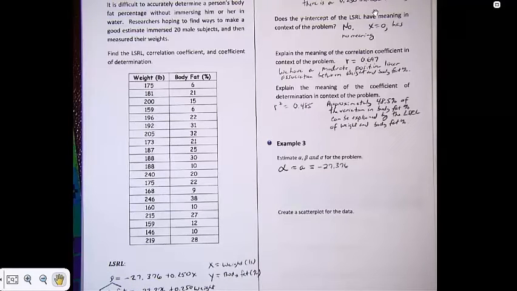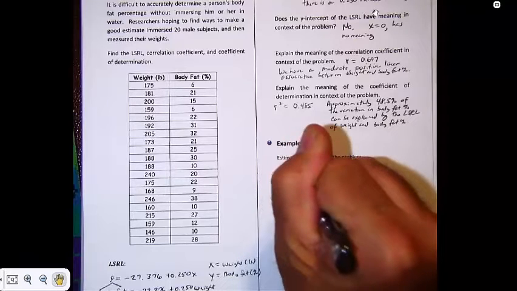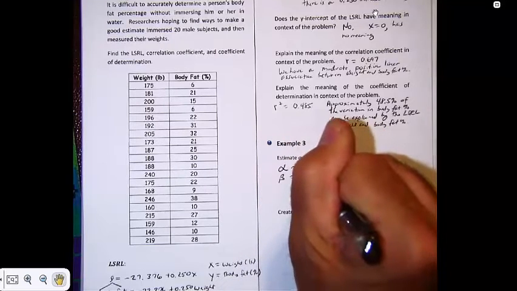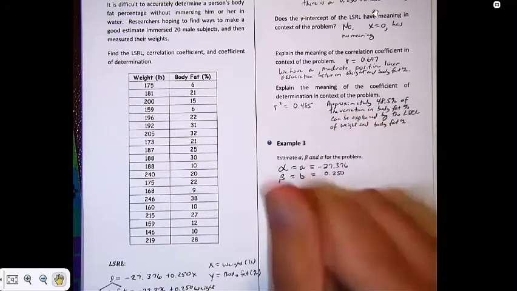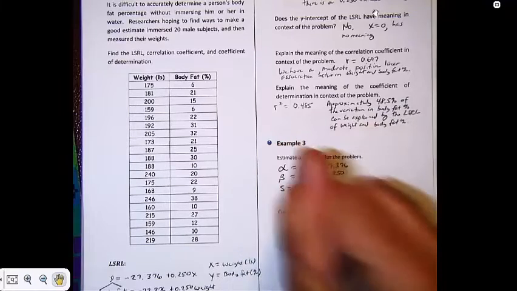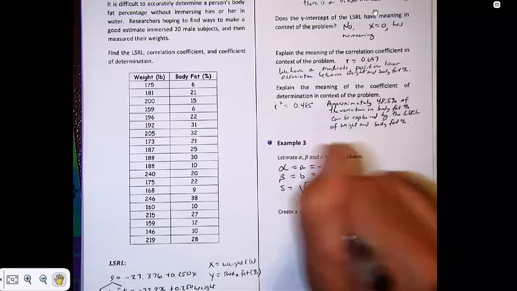Our best guess for beta is the point estimate B based off of the sample data that created our least squares regression line, and the slope was 0.250. The standard deviation is the square root of your squared residuals divided by n minus 2.